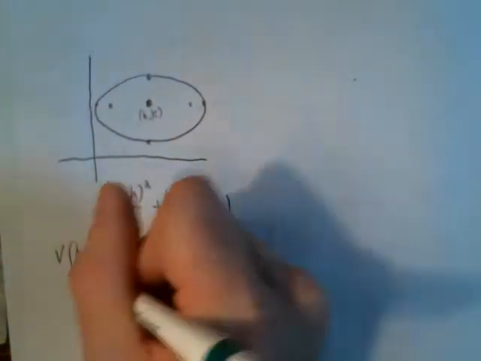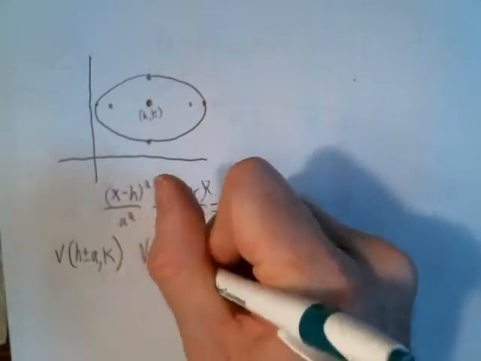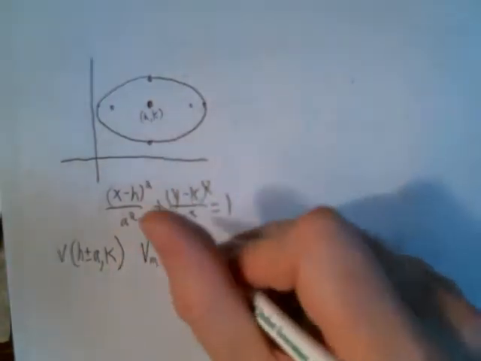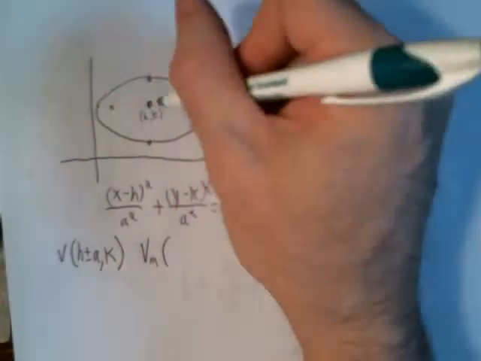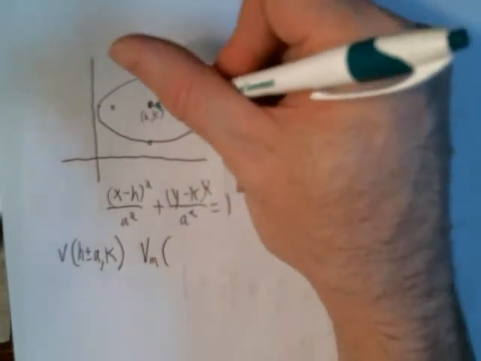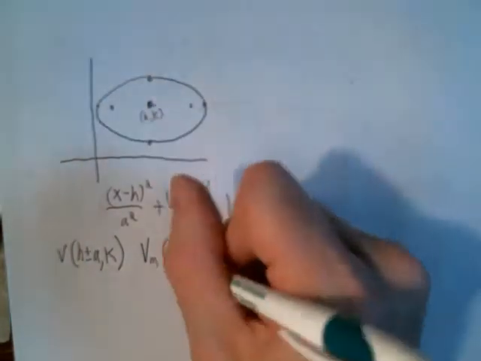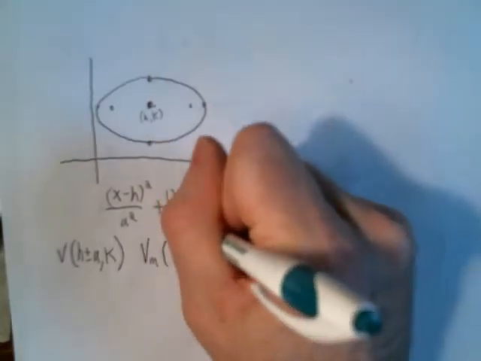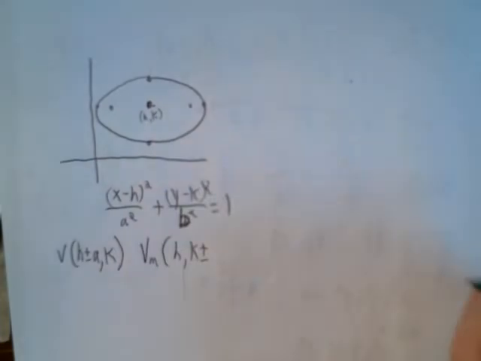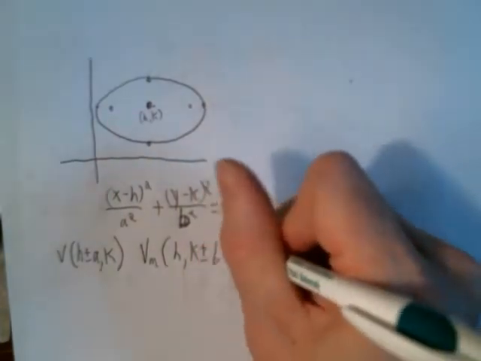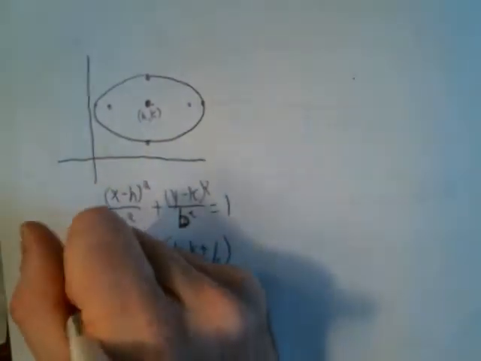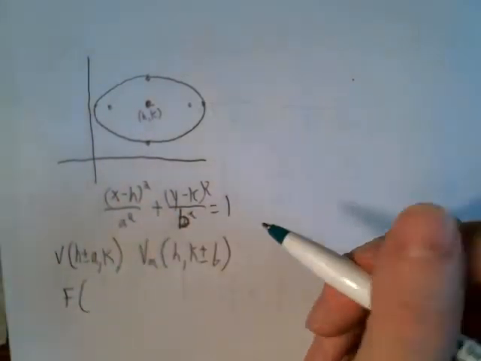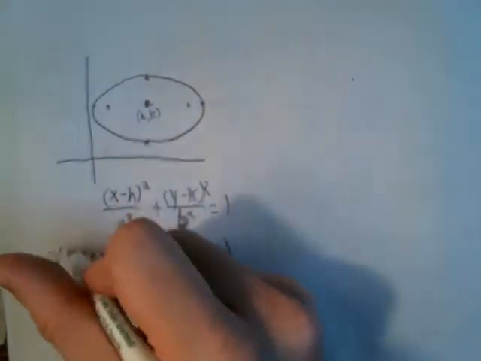Okay. For the minor axis vertices, you're going to go up and down. So what you're doing is manipulating the k value, the height value. So it'll be h comma k plus or minus b. And then the foci, you'll have the same as for the vertex.